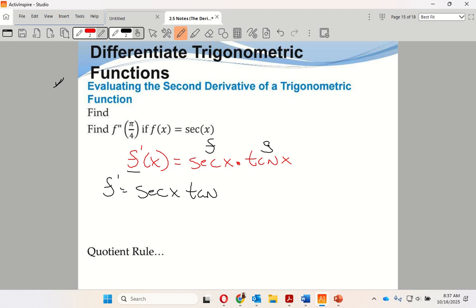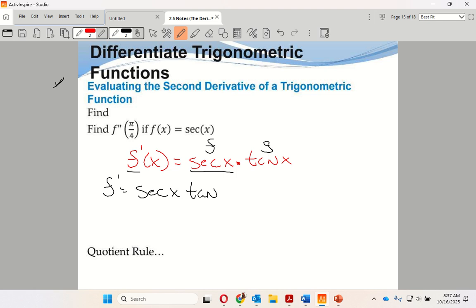That's only for this, which is kind of why I changed colors here. The derivative of this is secant tangent. You know how you're writing f prime of x equals secant tangent? F prime of x equals secant times tangent, right?